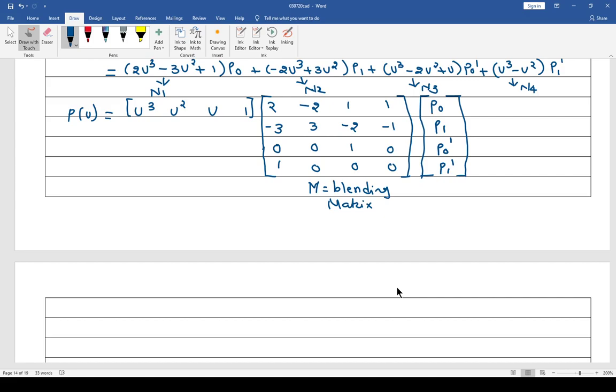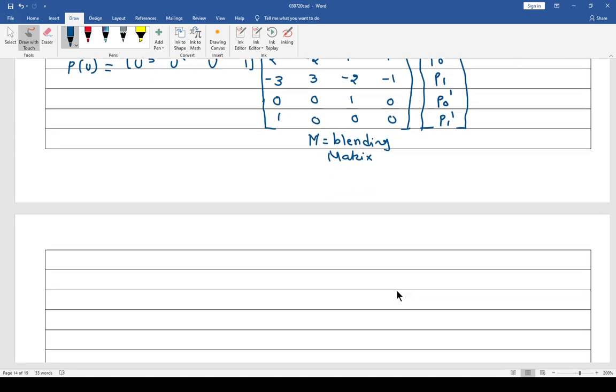Now similarly you can also find P dash of u. So this is a homework assignment for you. I am just going to write the equation directly, but you have to verify whether this is correct or not.